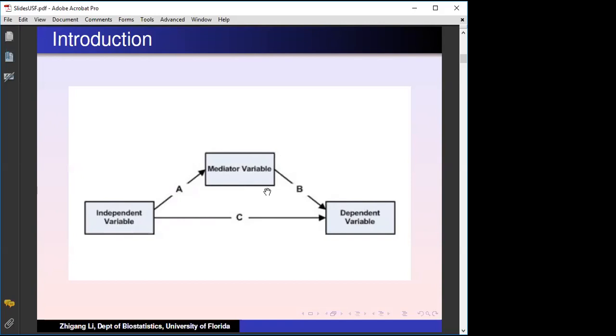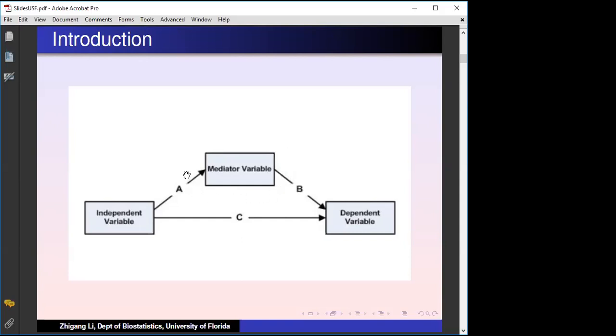And that's called the indirect effect, in contrast to the direct effect. Also, the indirect effect is the same as the mediation effect, so they're interchangeable.